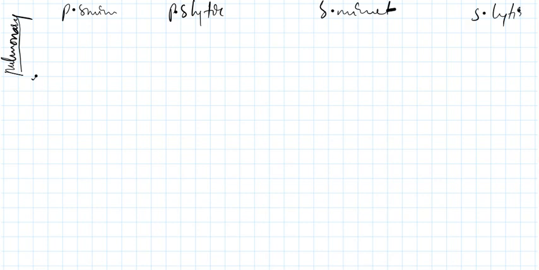Now parasympathomimetics are contraindicated in asthma. Why? Because they cause bronchoconstriction, as well as they increase the secretions.